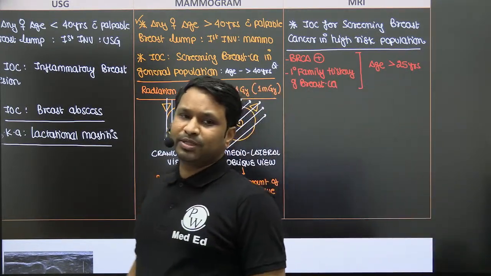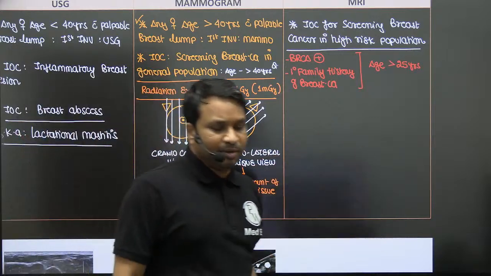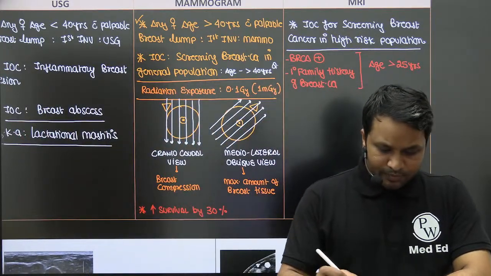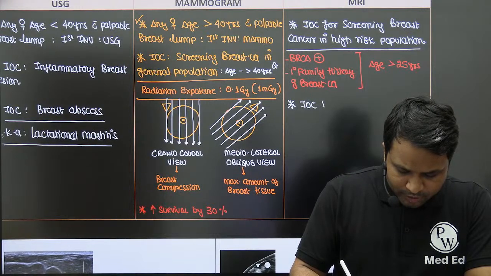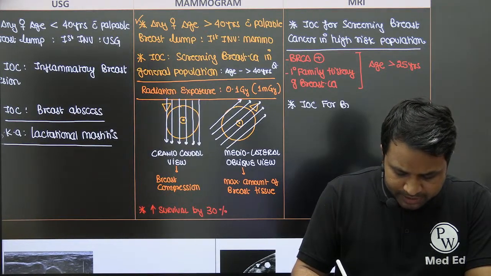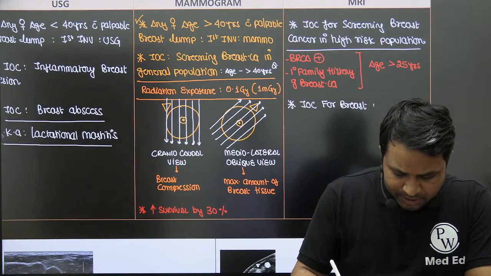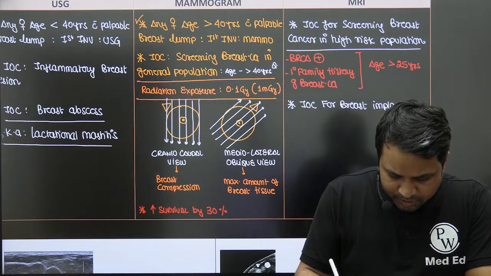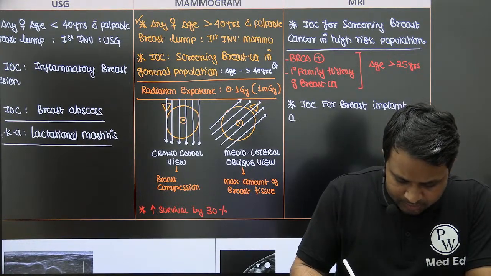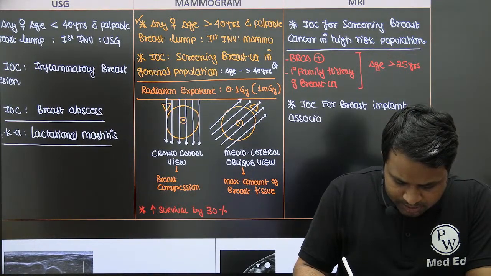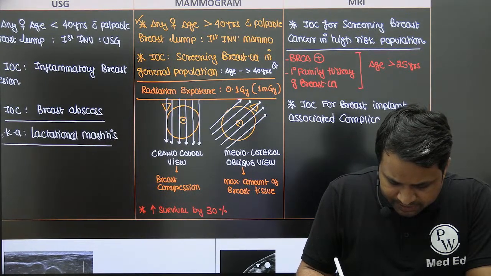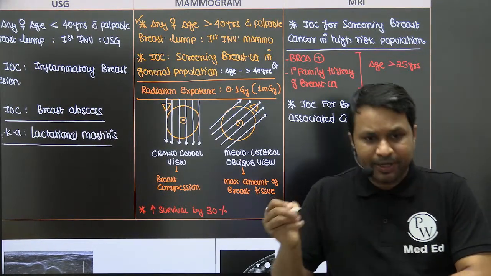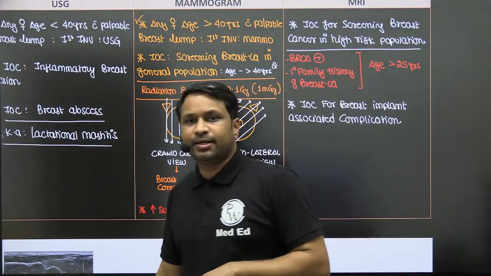If you have a patient with high risk population, MRI becomes the investigation of choice. Another interesting thing, MRI is also the investigation of choice for breast implant associated complications.